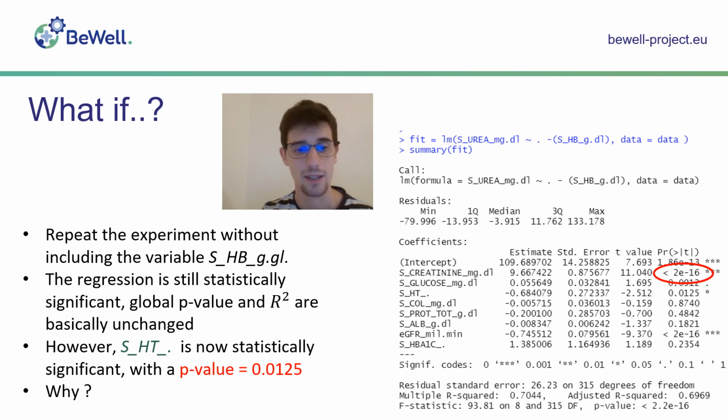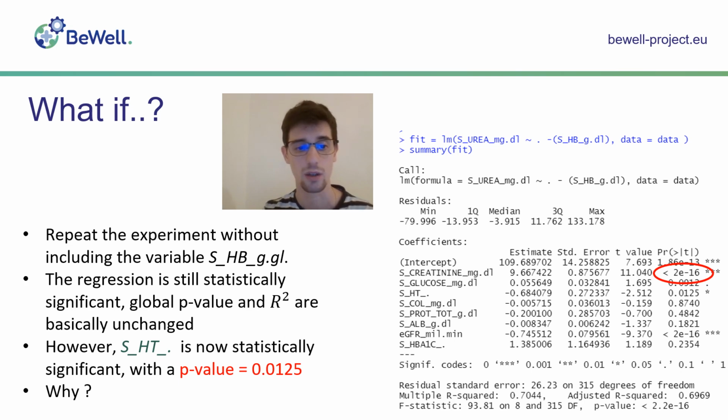By inspecting the summary of this new regression model, we note that the value of R-squared is basically unchanged, but this time the p-value associated to s_ht is below the 5% threshold. Hence, by removing one variable, s_hb, a different variable, s_ht, which was not previously statistically significant, now it is.